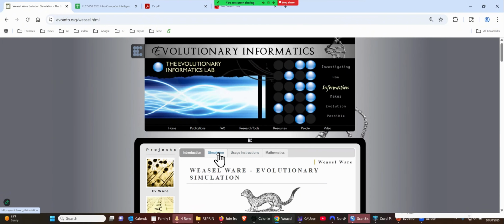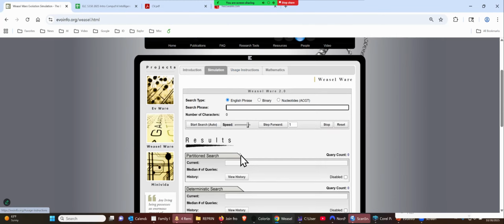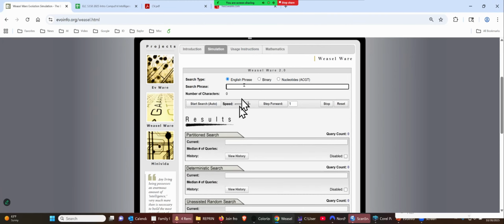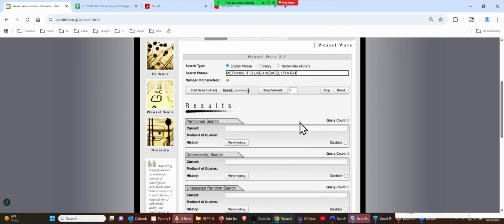This is the simulation where we can do an English phrase. So let's do "Methinks it is like a weasel," or a rat. So I'm increasing the length of what we're looking for.